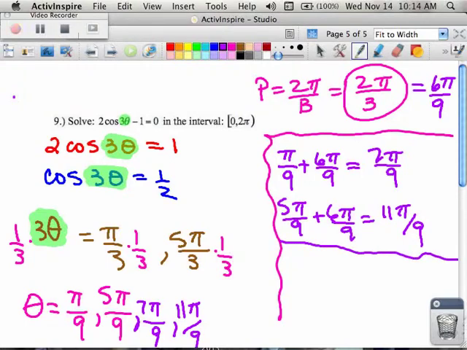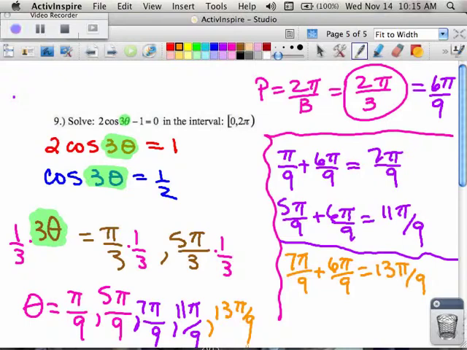Just keep going. So now I take that 7 pi over 9 and I add on the period, which is 6 pi over 9, for a total of 13 pi over 9. So that's my next answer, 13 pi over 9.